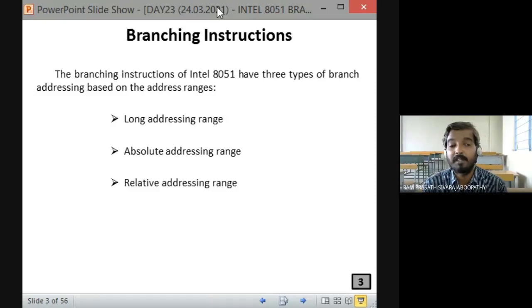Yes, 2 KB. Page is selected by the first 5 bits of the program counter. Yes, the MSB 5 bits of the program counter will select the page.